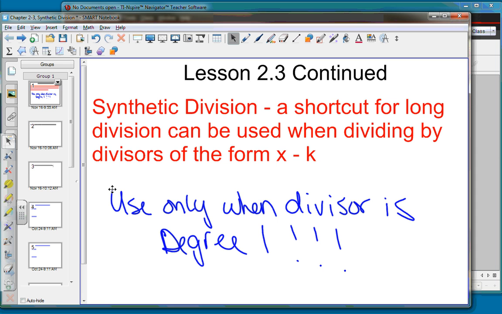If the divisor is more than degree 1, you cannot use synthetic division. Okay? So synthetic division can only be used when you are dividing by a divisor of degree 1.